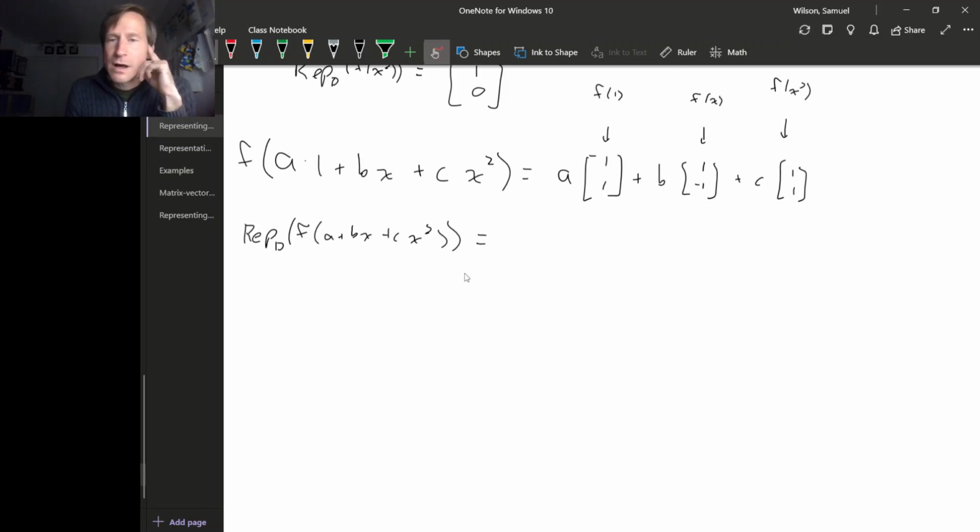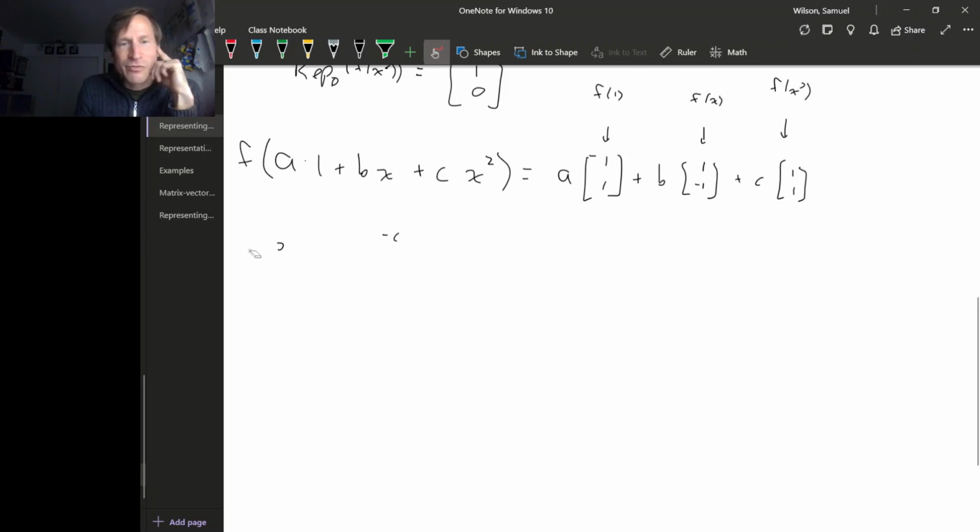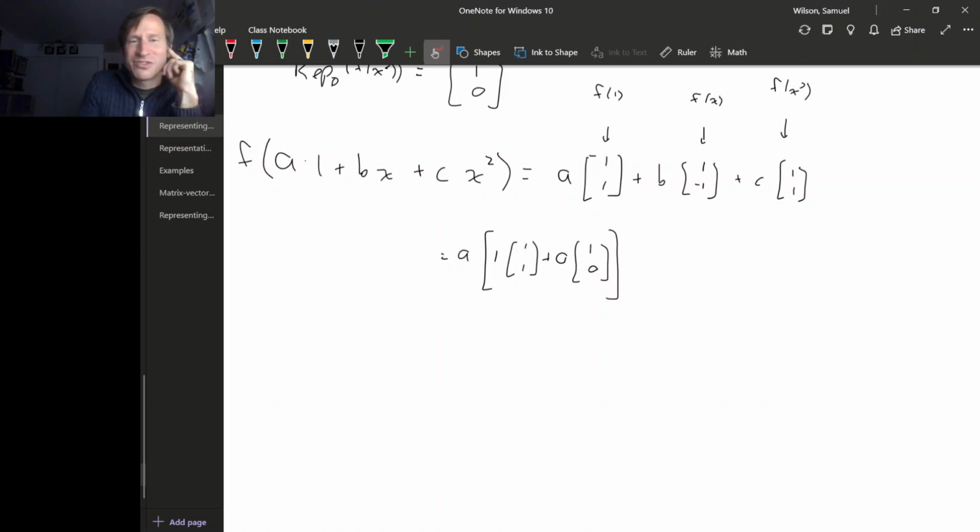To know what rep d does to this, first we need to write each of these vectors in terms of the basis vectors in R2. So (1, 1) was 1 times (1, 1) plus 0 times (1, 0). I should use parentheses here. Plus b times, now write (1, -1) in terms of our basis vectors for R2.